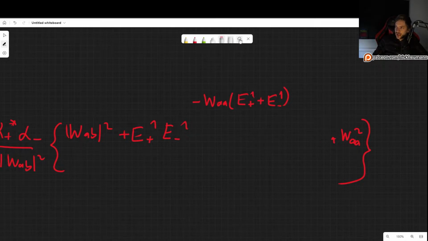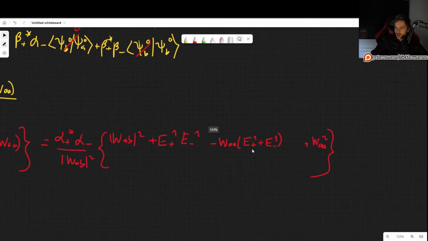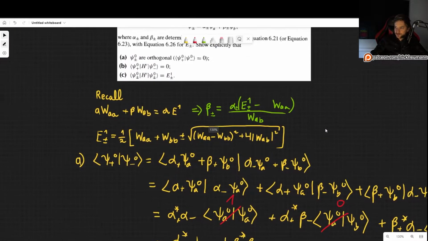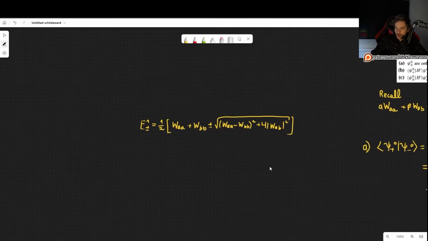So what we now need to find is what is the product of our two different energy levels, right? Or basically E plus and E minus, and what is their sum. So let's go to our formula right here. This is the formula that we now need to use. Okay, so I'm gonna take this off to the side so we can work with it.